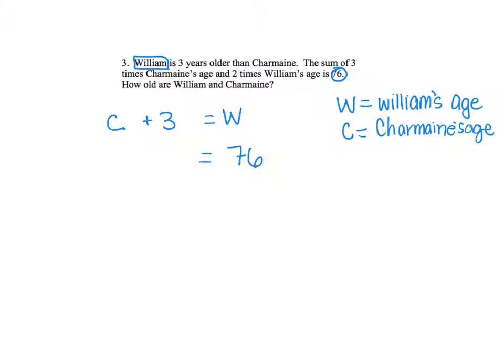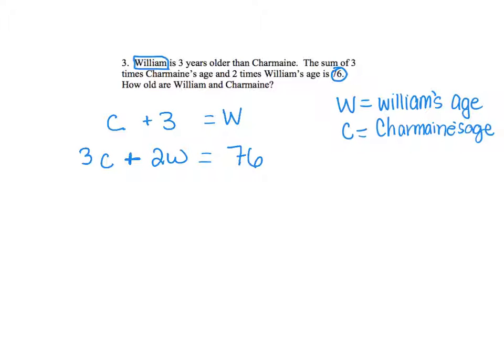The second sentence reads, the sum of 3 times Charmaine's age and 2 times William's age is 76. The beginning says the sum, so I know I'm going to be dealing with addition in the middle. Then it's just 3 times Charmaine's age, so 3 times C, plus 2 times W, William's age.